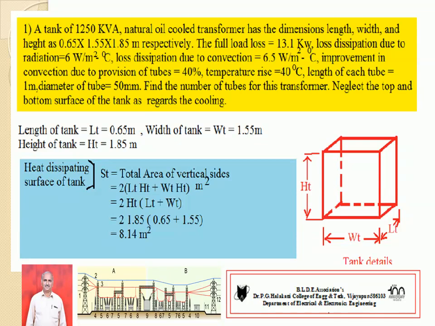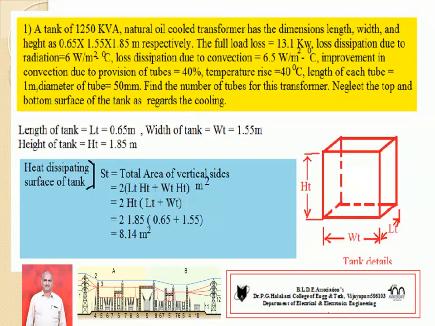Problem number 1. A tank of a 1250 kVA natural oil cooled transformer has the dimensions length, width and height given. The full load loss is also given. Loss dissipation due to radiation is 6 watts per meter square degree centigrade, and loss dissipation due to convection is 6.5 watts per meter square degree centigrade.